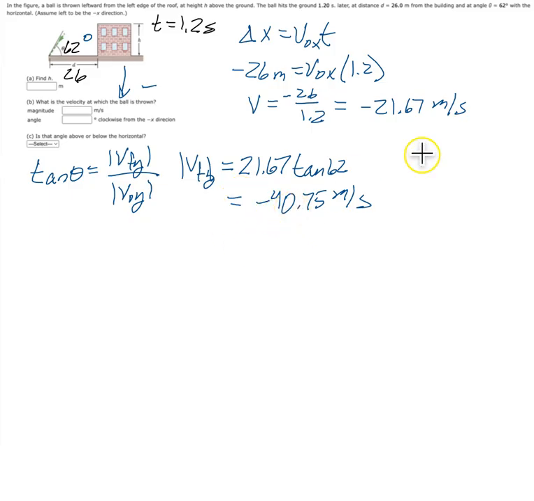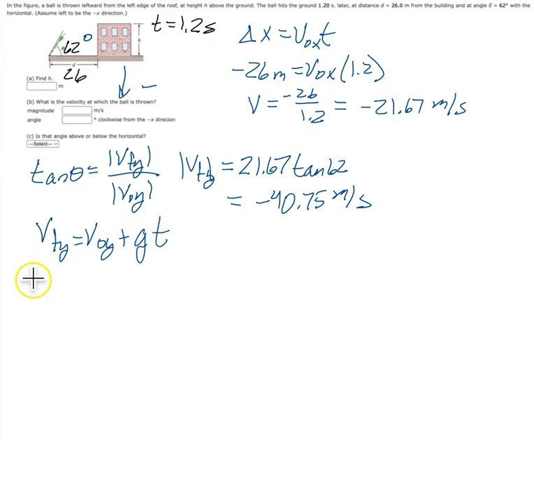To find the initial vertical velocity, we're going to use the first kinematics equation: the final speed in the y equals our original velocity in the y plus the acceleration due to gravity times time.